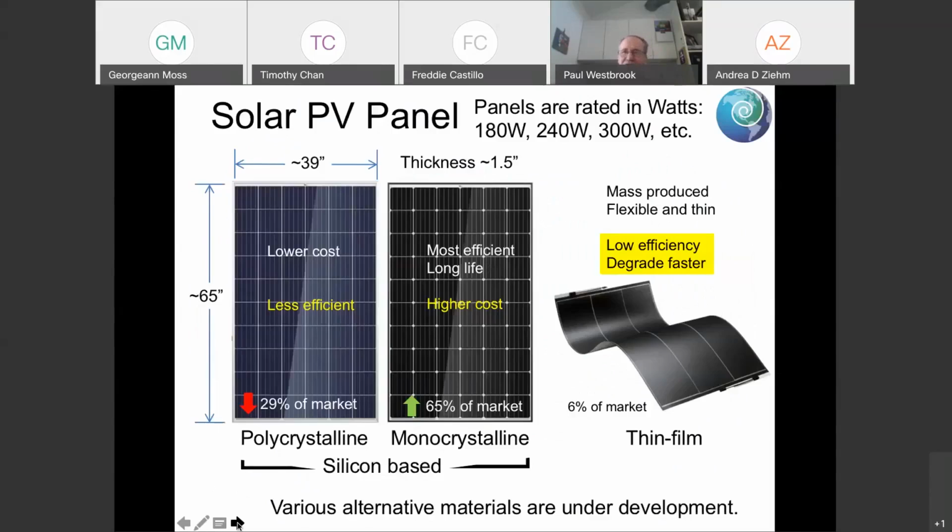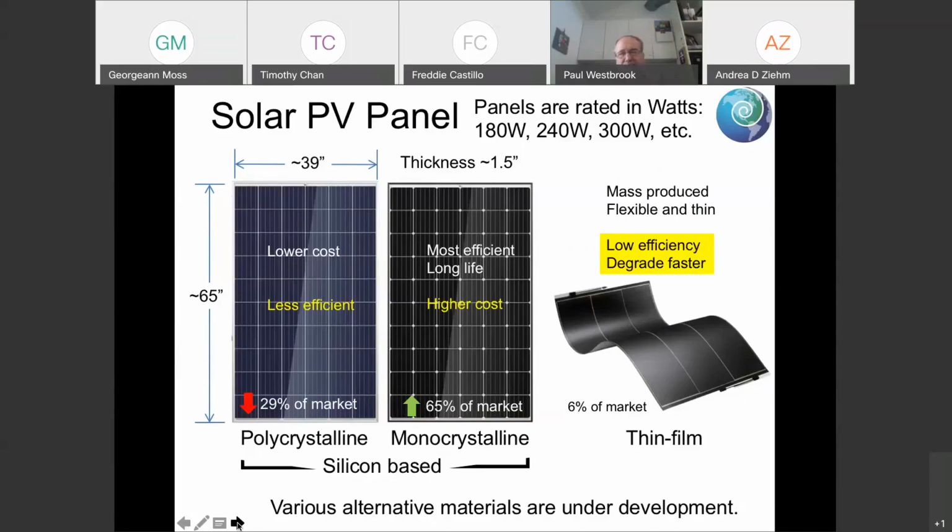There are variations in sizes, but this is the vast majority of solar panels. If you look at the two on the left, those are panels, and they're roughly 39 inches wide by 65 inches long. There are two different types. The one on the left is a polycrystalline, the one on the right is a monocrystalline. It really just has to do with the way the silicon is processed. Polycrystalline on the left has generally been lower cost, but lower efficiency.